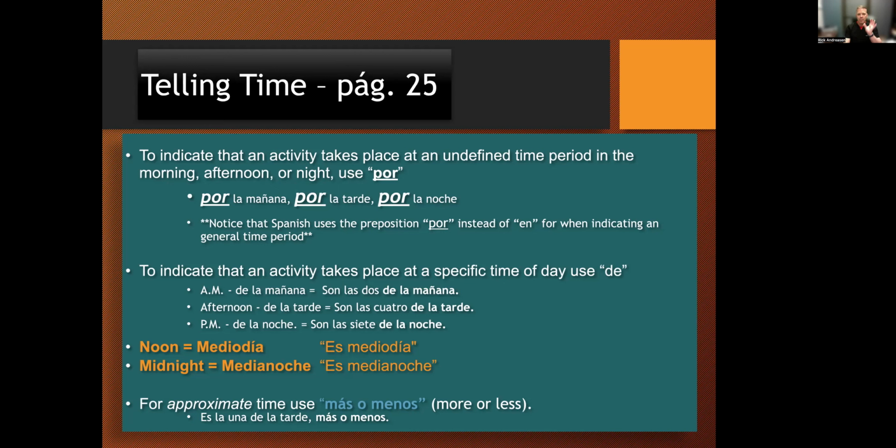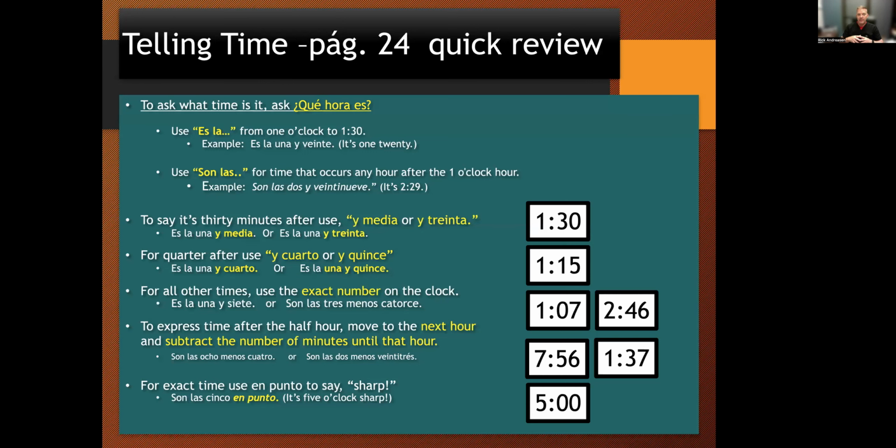Okay? So a couple different concepts here on this slide for you to remember and learn. All right, so we said on the very first slide to ask what time it is, we use the question, ¿Qué hora es? We use es la when it involves 1 o'clock, right? So es la 1, es la 1:20, es la 1:30, whatever it is.